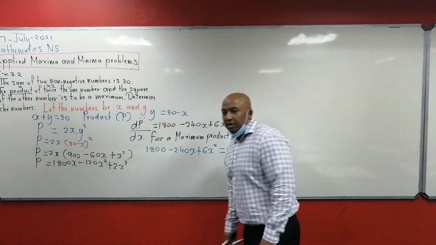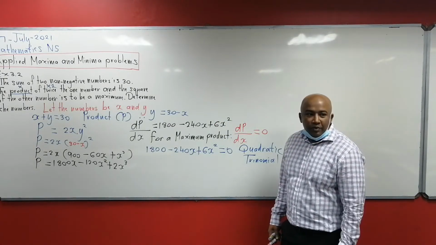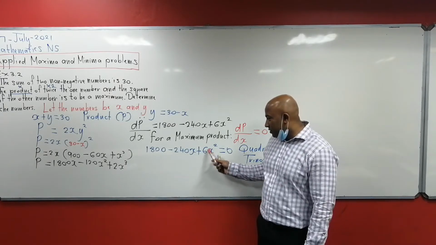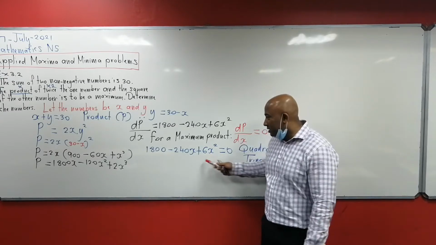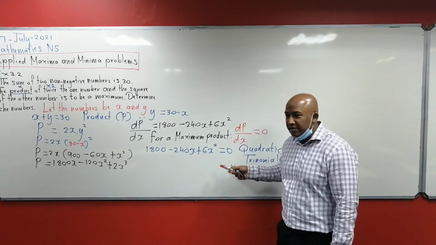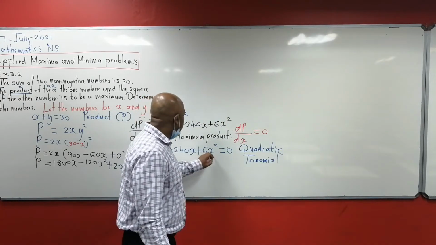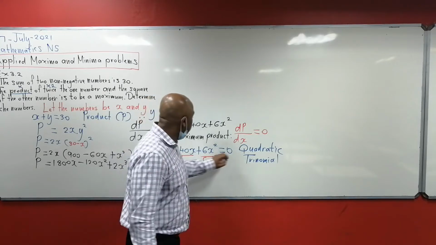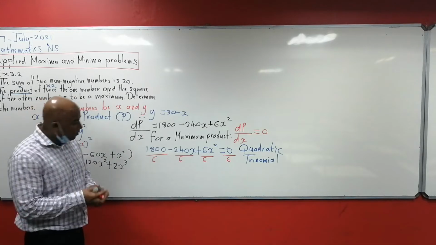Right, so if you were trying to factorize this, then when you're trying to factorize a quadratic trinomial, check if it's possible to divide by the coefficient of x squared, as long as you don't have any fractions here. So now if I divide by 6 on both sides, let's see what happens.